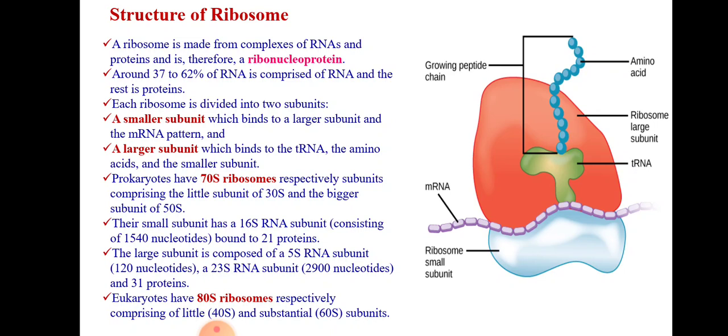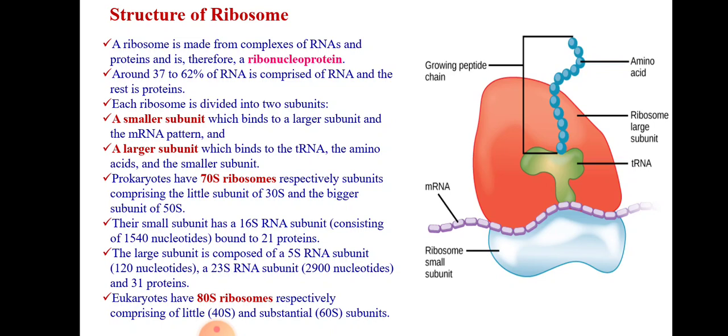So RNA is the maximum component of the ribosome. Each ribosome is divided into two subunits, one smaller and another larger. The smaller subunit binds with the mRNA, and the larger subunit binds with the tRNA, the amino acids, and the smaller subunit also.